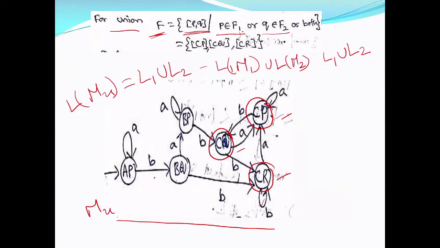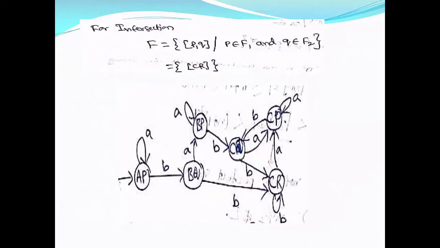Next, intersection. The construction is the same. I am taking the same DFA which I have constructed for combining the two FAs. Now for intersection, I am just changing the set of final states.